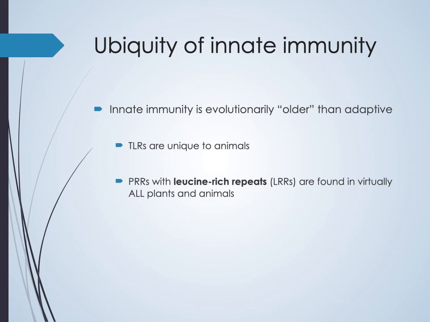The next table looks at some of these different multicellular organisms and what components they have, but something as basic as the leucine-rich repeats that's found on the pattern recognition receptors is found in all plants and all mammals. The TLRs themselves are unique to mammals, so there's a slight variation, but again, the basic structure is conserved.